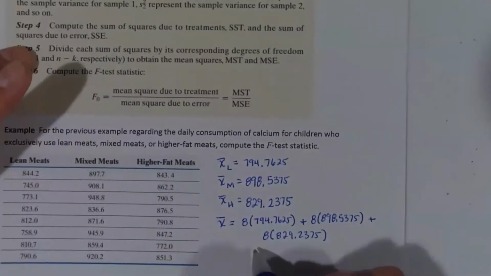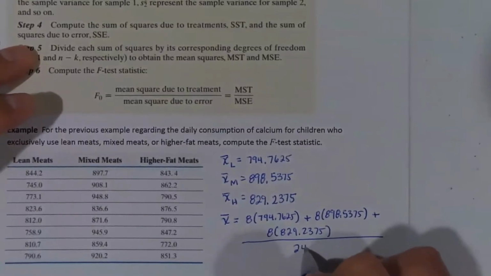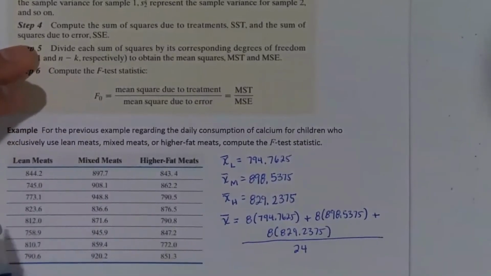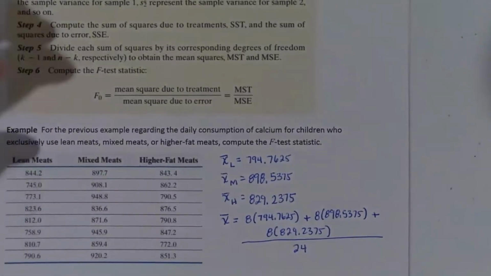data values. And if I take that sum and divide by 24, which is 8 plus 8 plus 8, so altogether there's 24 data values, that will give me the mean.